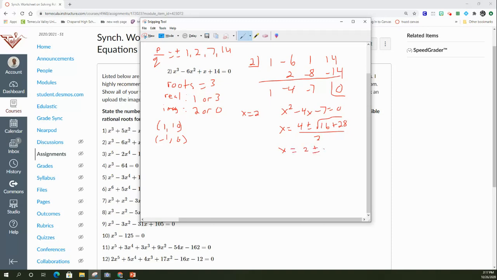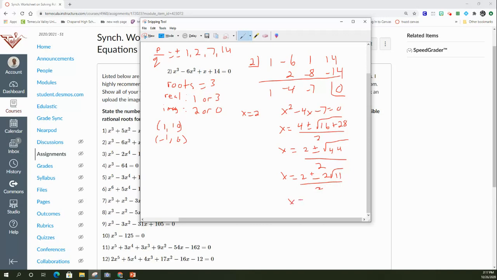And so I do 16 plus 28, and I'm going to get 44 over 2. And so then I could simplify that radical. So it's 4 times 11, so that's 2 rad 11 all over 2.